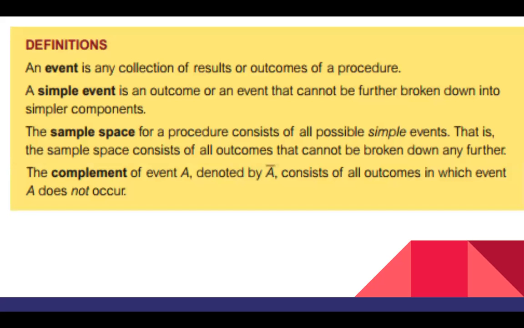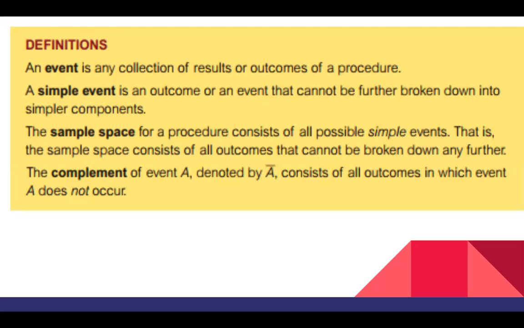So let's go through some definitions. First of all, I want you all to understand an example. Let's just say you roll a die, right? And we're going to talk about the probability you get 1, because we all understand very simply the probability is 1 out of 6. So an event is any collection of results or outcomes of a procedure.